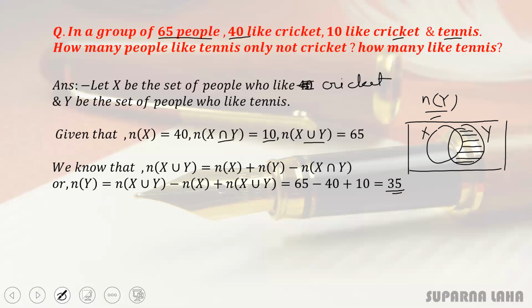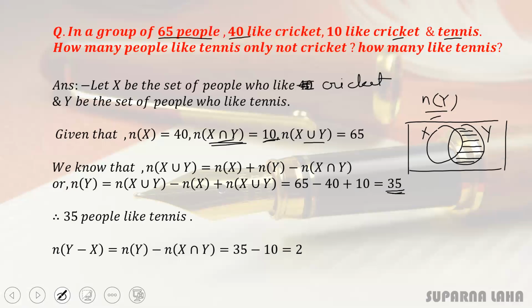Clear? That means from Y, we need to subtract the number of elements present in their intersection. That means from 35, we need to subtract 10. So 35 people like tennis, then Y minus X is given by 35 minus 10, that is 25. That is, 25 people like tennis only, not cricket.